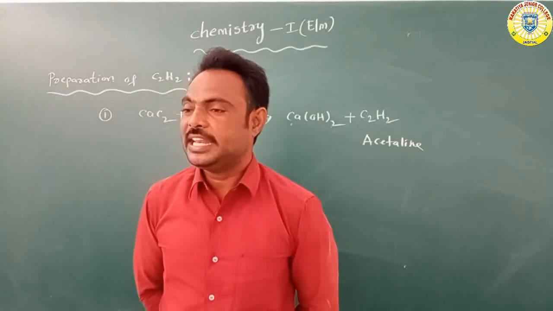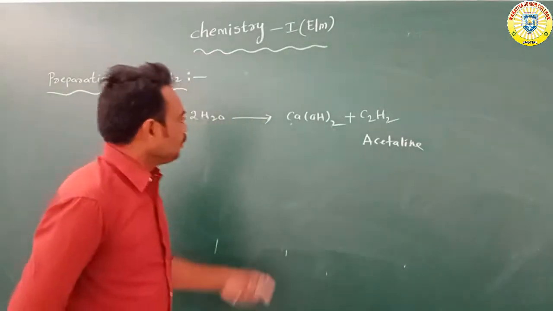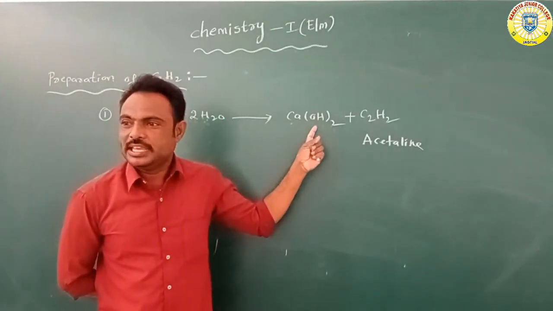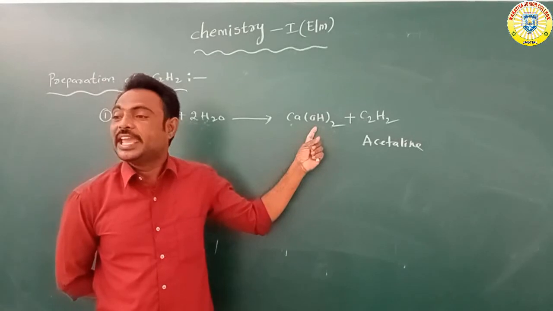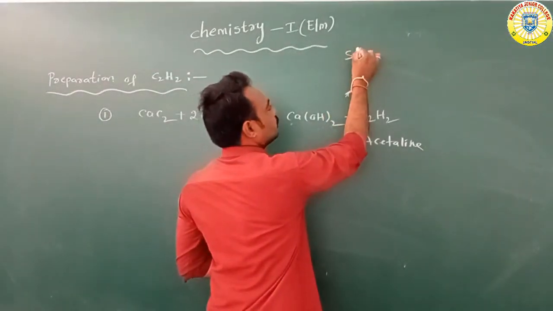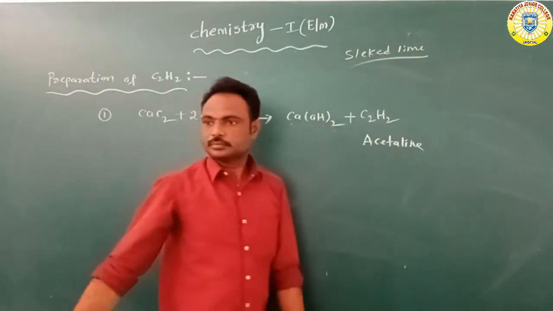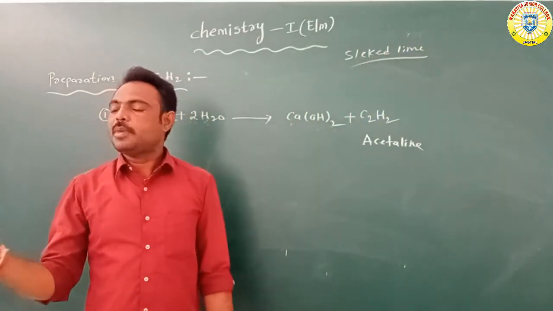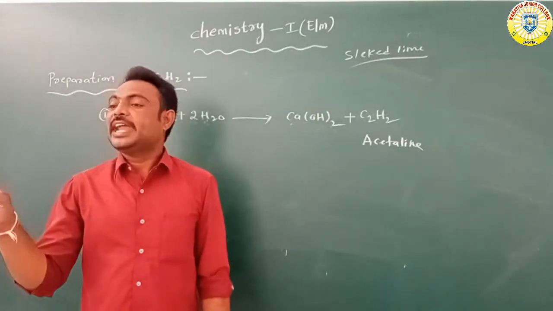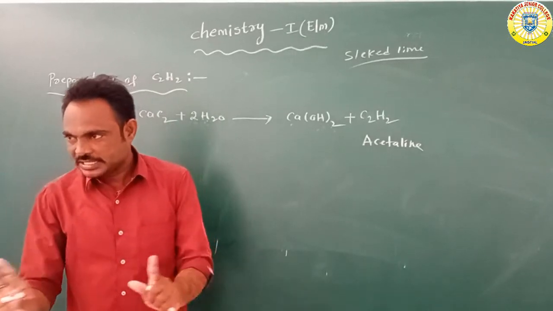C2H2 means acetylene or ethyne. Calcium hydroxide is also called slaked lime. Slaked lime. Okay, it is clear.